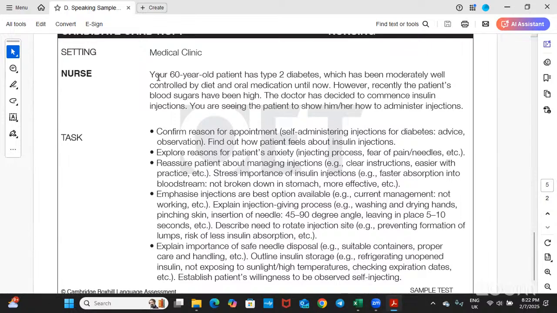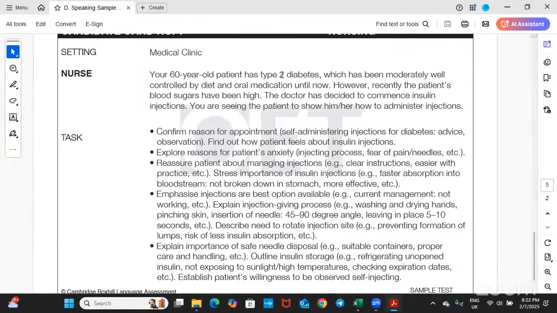What is the first thing? You should know the background. This is the background. The patient is 60 years old.